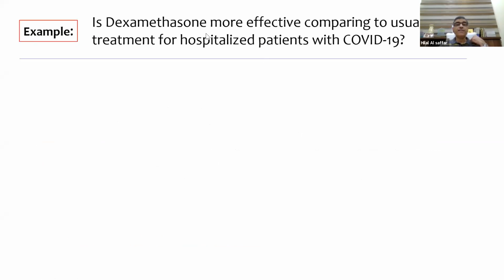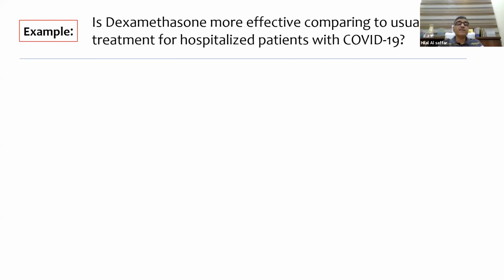Let us see this example that we are going to consider as the model during our talk about our subject. Is dexamethasone more effective compared to usual treatment for hospitalized patients with COVID-19?